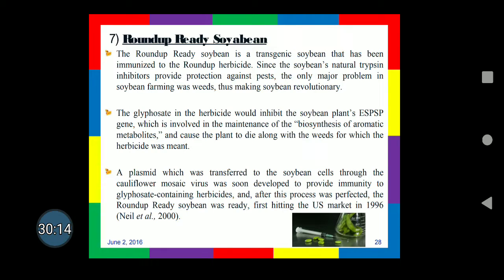For the herbicide resistance, a plasmid was transferred into the soybean cells through the cauliflower mosaic virus to provide immunity to glyphosate containing herbicides. After this process was perfected, the Roundup Ready soybean was ready to fight. It first hit the market in the year 1996.